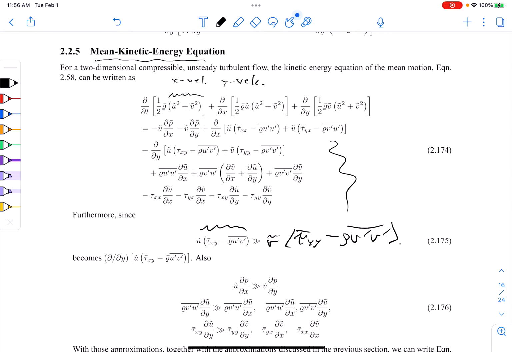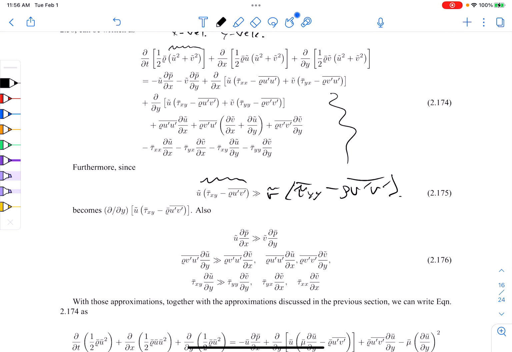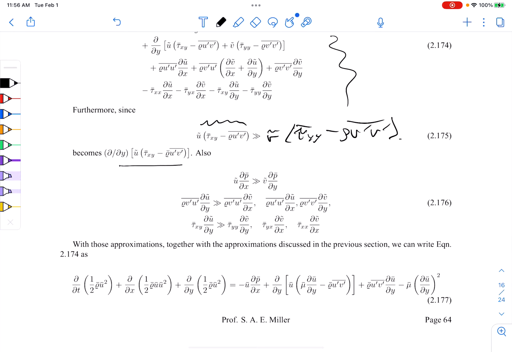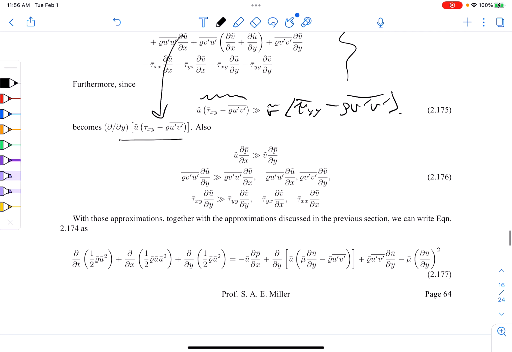So we notice, by dimensional analysis for turbulent boundary layers, this inequality is true. And with these approximations, this term here, which is u tilde tau xy v prime right here, we can simplify our whole set with the same dimensional analysis this way. And we'll take these approximations and put them in 1.77.